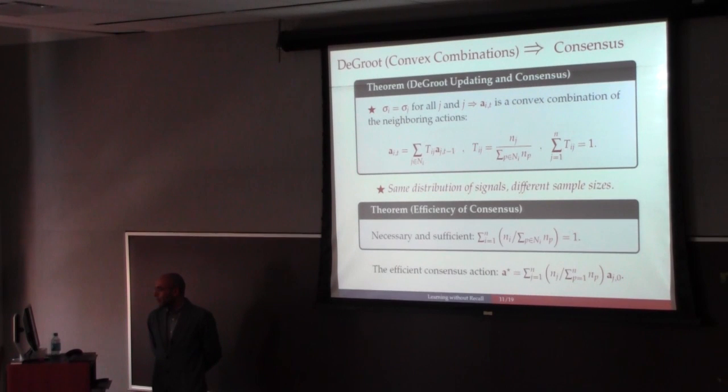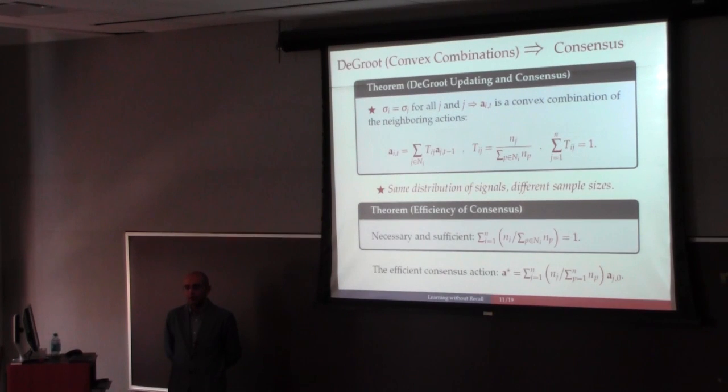The assumption basically would be that the signals should have the same distribution, and only the number of samples among different agents is allowed to be different. So we need a strong kind of homogeneity in the signals that agents are observing. For example, it's only the number of signals that different agents had observed that could be different.